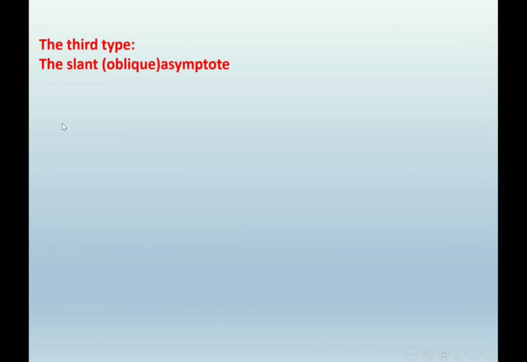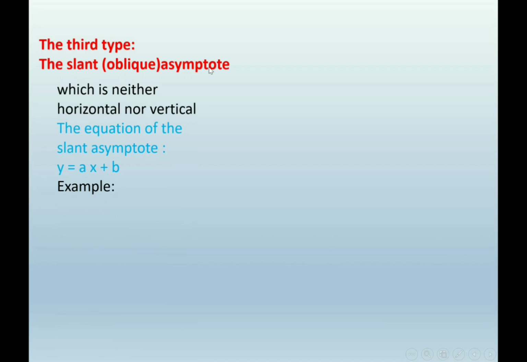The third type of asymptote is the slant or oblique asymptote, which is neither horizontal nor vertical. The equation of the slant asymptote can be written in the form y equals ax plus b.